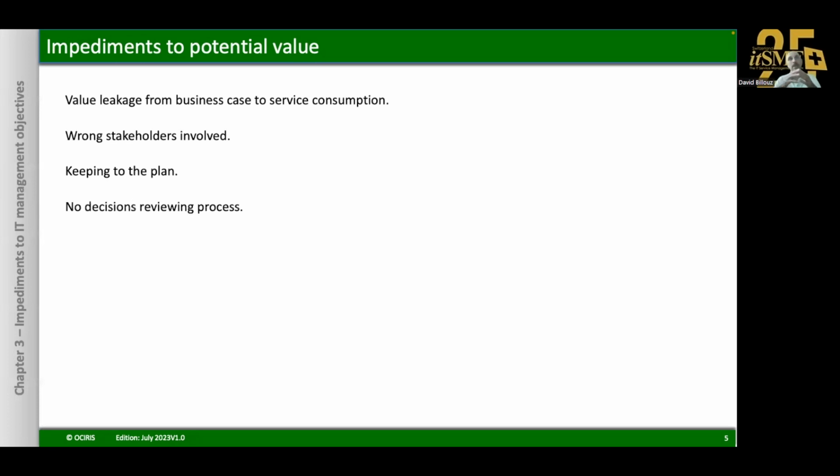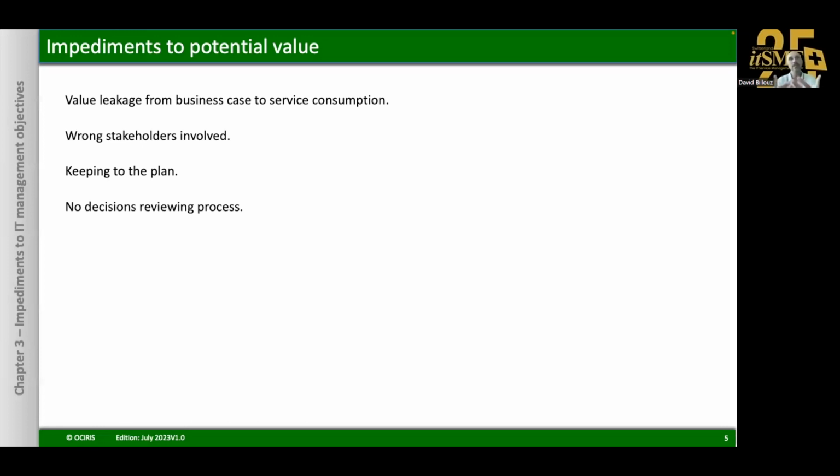And the last impediment to potential value is that even if we have different options and started with one, there is never any process that ensures we can review our decision and maybe say, okay, we didn't take the right option, so now let's revert to another one.